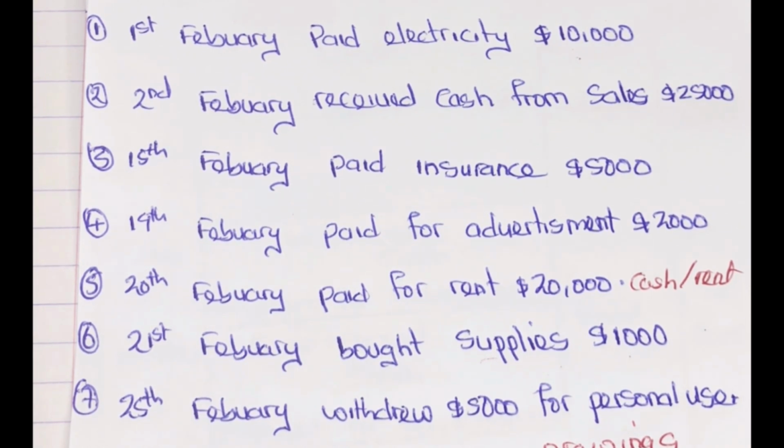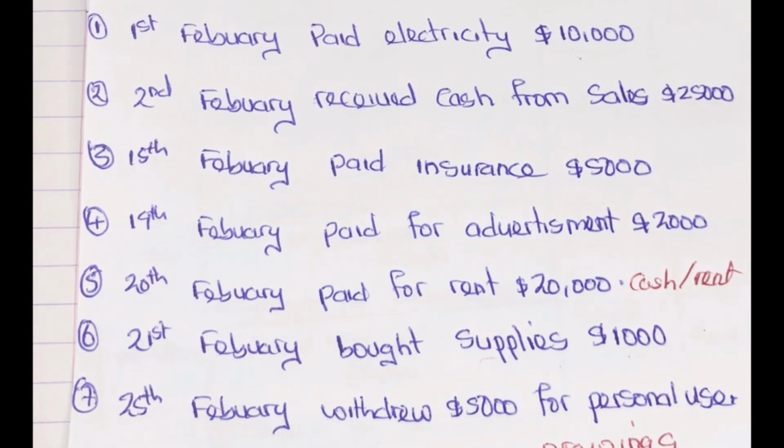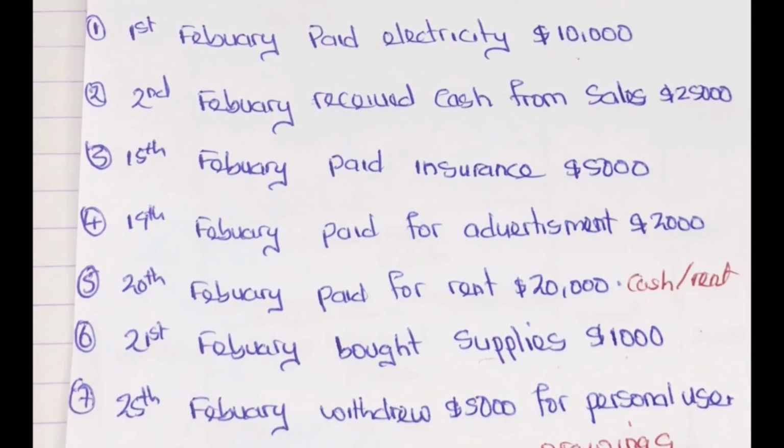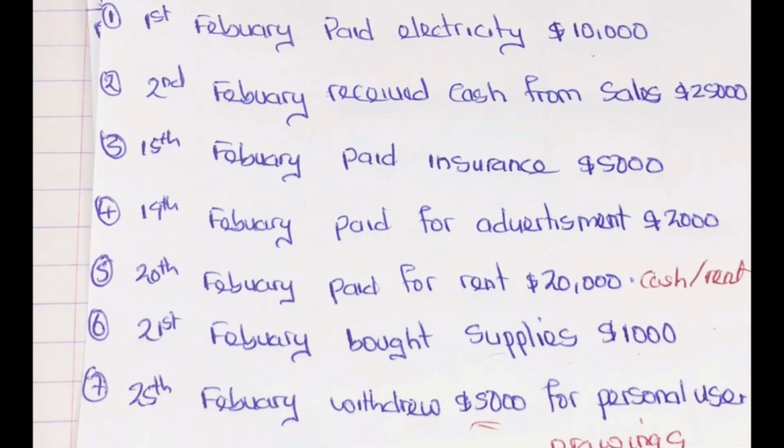So we debit the drawing account and we credit the cash account because cash is going out of the business. So how much is the owner taking from the business? The owner is taking $5,000 from the business for his personal use.